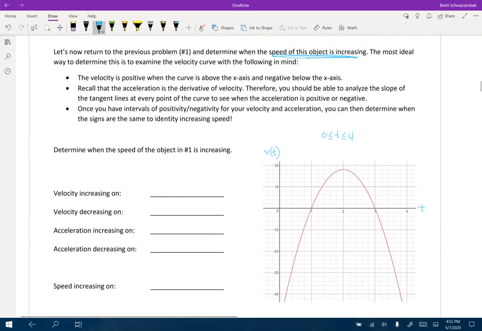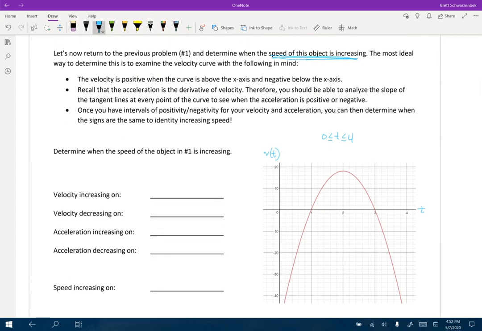So what can we do? First bullet. The velocity is positive when the curve is above the x-axis and negative below the x-axis. You can also say t-axis if you like, but we've already determined that the velocity is positive above the axis and negative below the axis. But that is only for velocity.